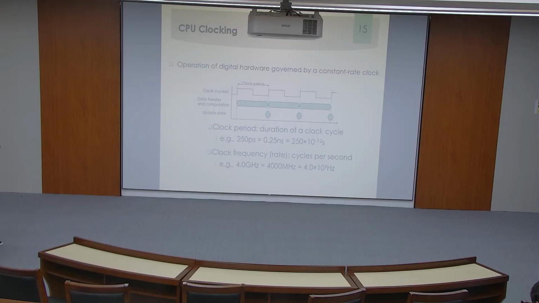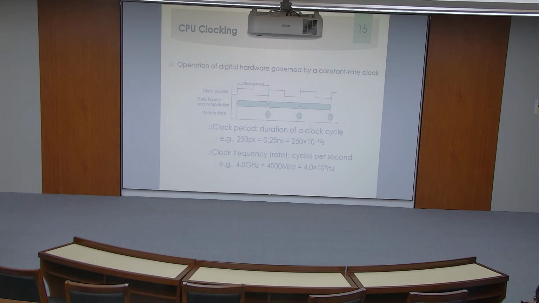CPU clocking. Because we are talking about clock rate, we need to make sure that you understand what the clock period and the clock frequency, or the clock rate, mean. Each task in a computer system requires what we call clock cycles to be computed. So we're going to talk about how many clock cycles each task requires.